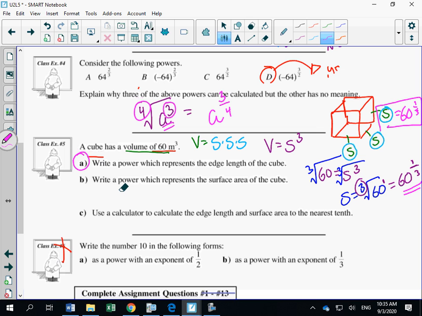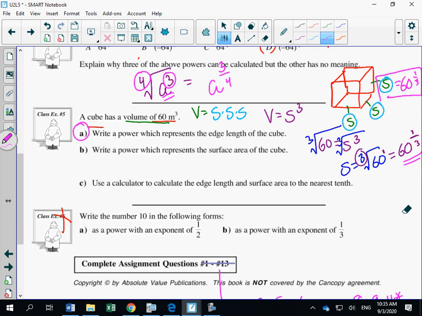Write a power which represents the surface area of the cube. If we were calculating the surface area of a cube, what you need is the area of one of the faces. The area of one square is equal to side times side, which is side squared. Then you ask, how many faces are there on this cube?